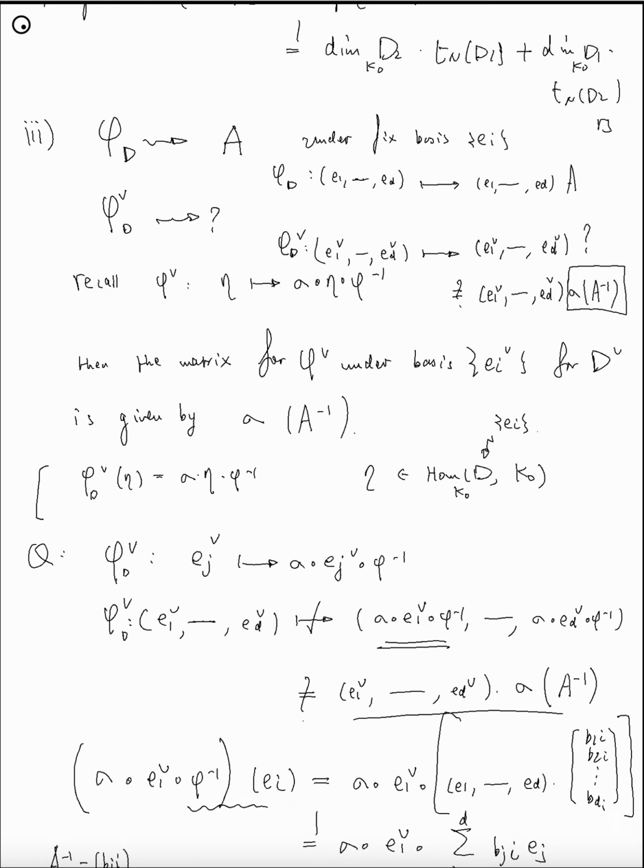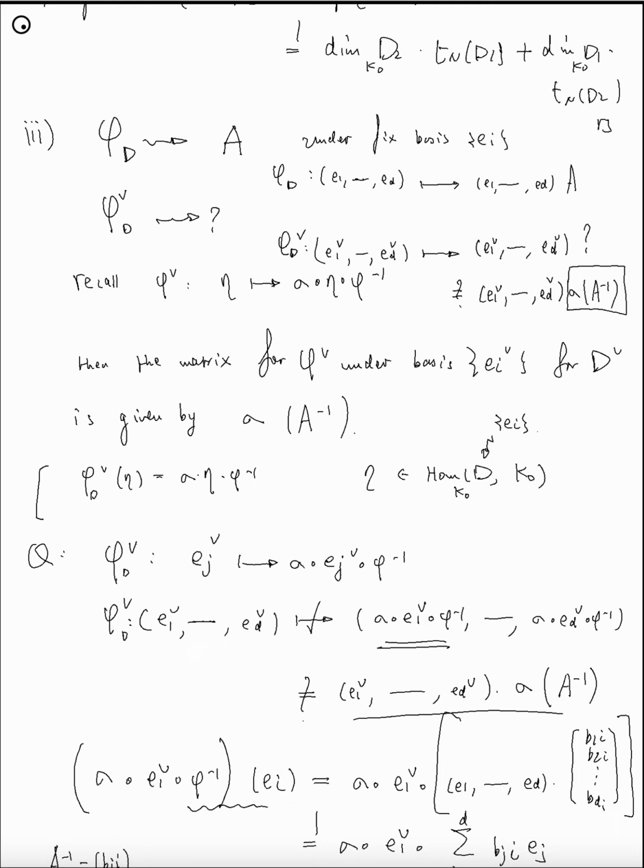Now the question is, is this also the same as this matrix multiplication? And so we have to check component by component that it is the same. When we're checking they are the same, notice they are linear maps. We have to check it on the basis of the space they define, which is D. So we pick basis EI, and then we check.